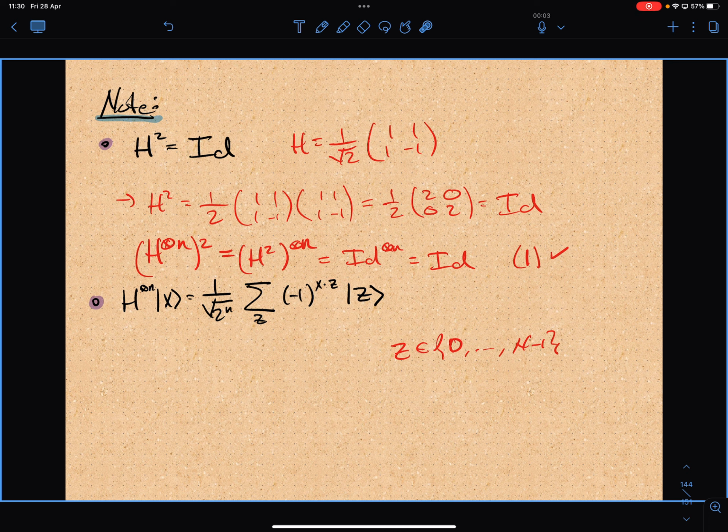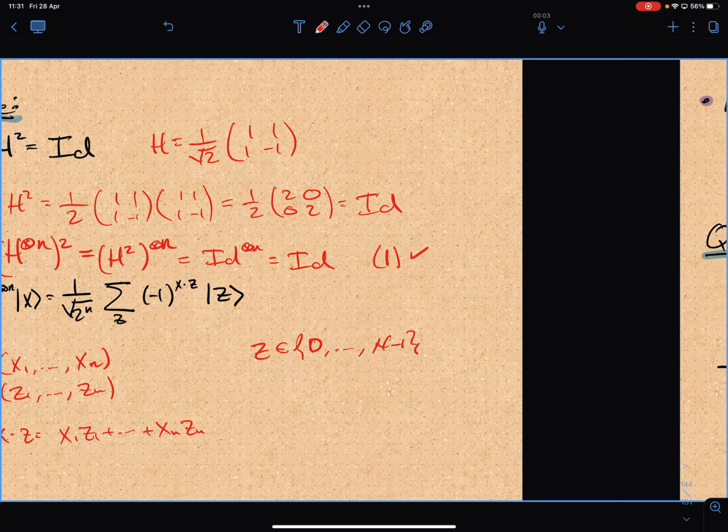If x corresponds to x1 through xn, the binary expansion, and z is equal to z1 through zn, then x dot z is equal to x1 z1 plus dot dot dot xn zn. So this is a computation from the previous lecture, but I just want to recall it.